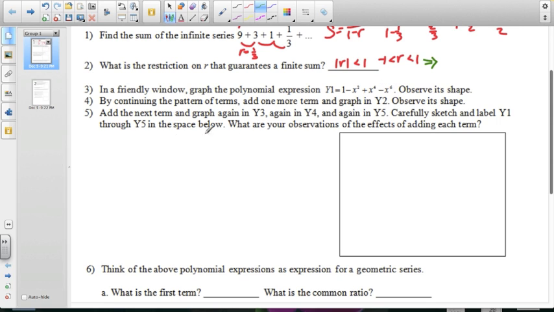We take a look at that, from a geometric series standpoint, and I'm just kind of looking at these questions right here, 3, 4, and 5.